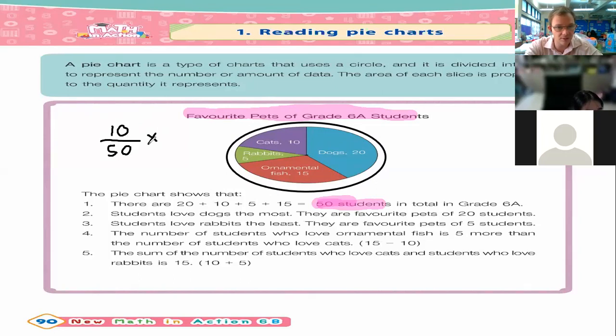And we times that by 100 over 1 to get a percentage. So 10 over 50 is 1 over 5, which will give us 20% of students whose favorite animal is a cat. So that's a more difficult question that you can receive. But let's do some examples and let's see if you understand the questions.